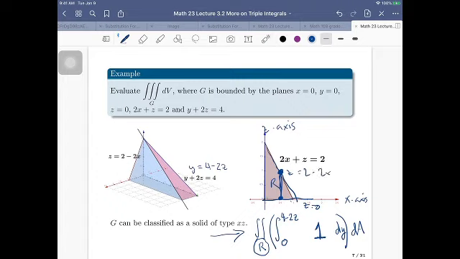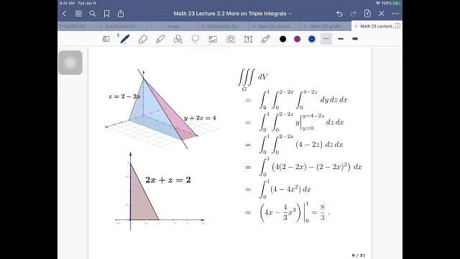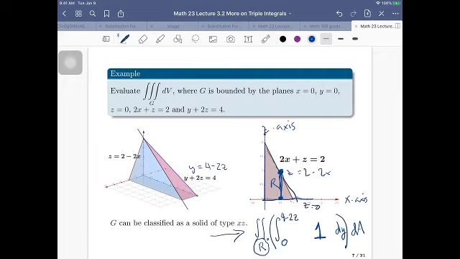And therefore, the limits of integration for the second innermost integral will be 0 and 2 minus 2x for z, and then x will range from 0 to 1. So you see 0 to 1, 0 to 2 minus 2x, right?